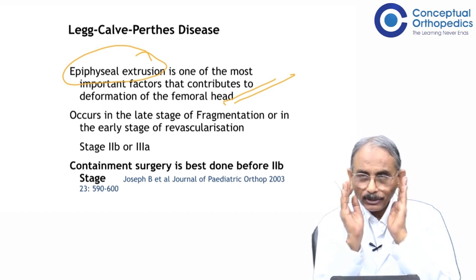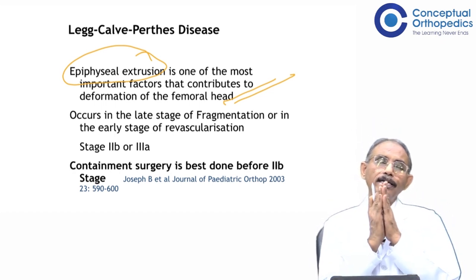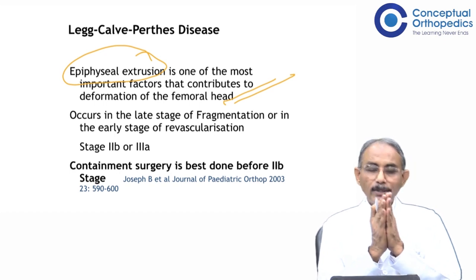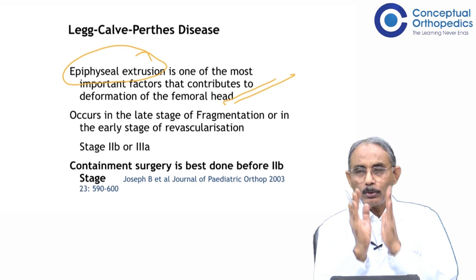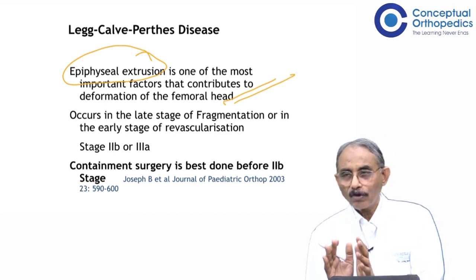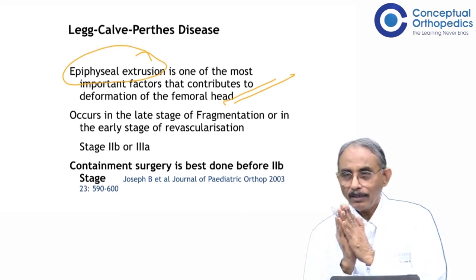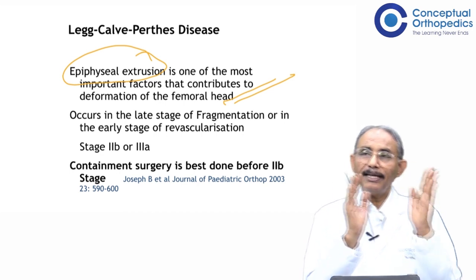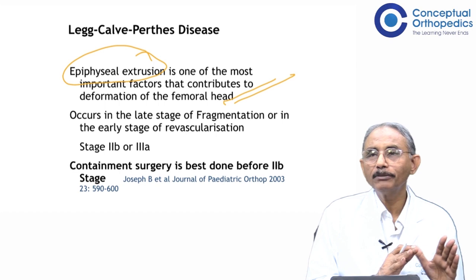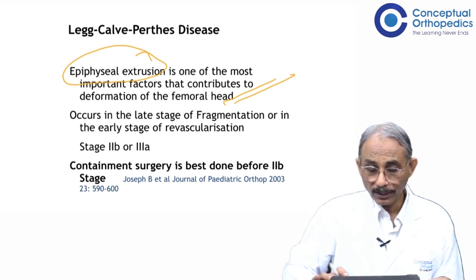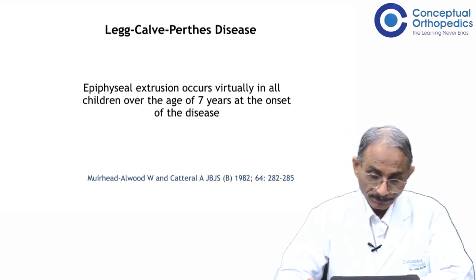So the key to your decision making in a case of Perthes disease is looking at, 1, the age of the child, 2, the extent of involvement, and 3, the stage in the Elizabethtown classification as described by Benjamin Joseph. Those are the criteria which help you decide.